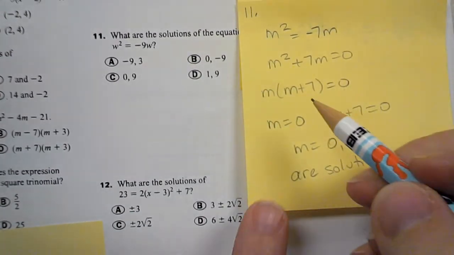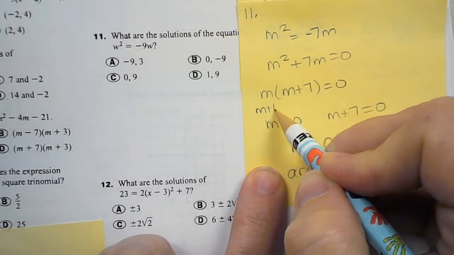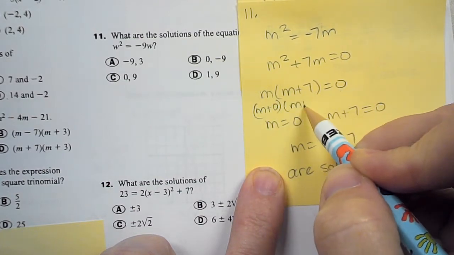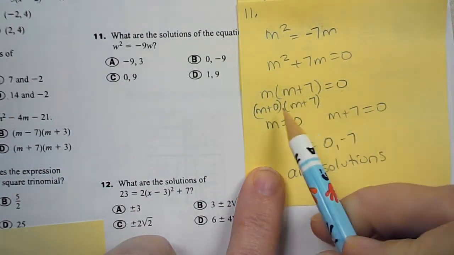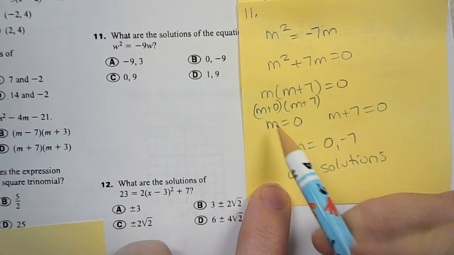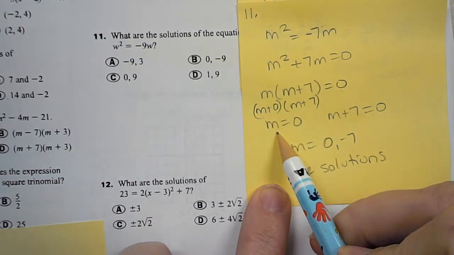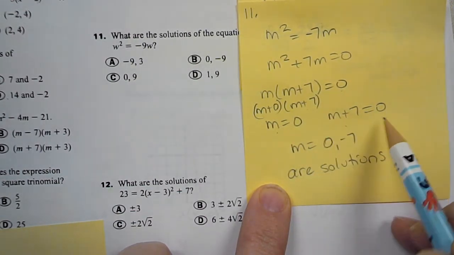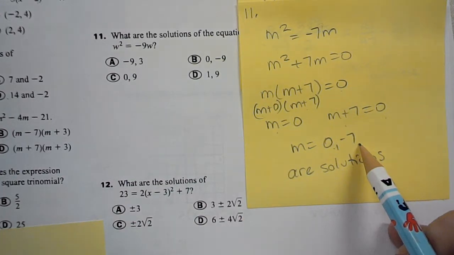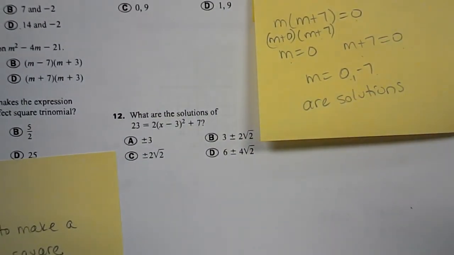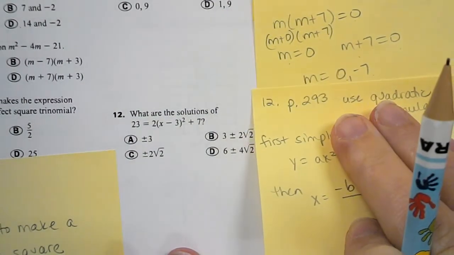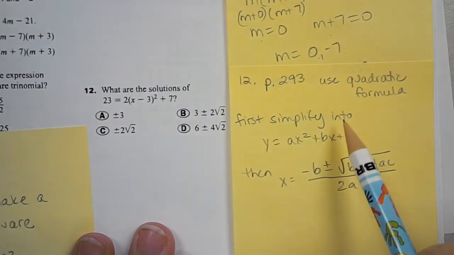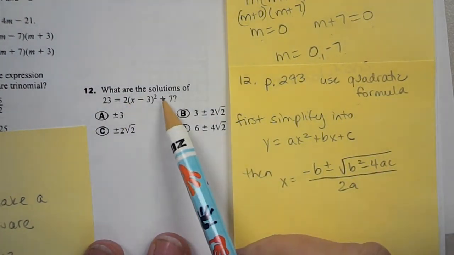It's the same as if you said m plus 0 and m plus 7, because there's nothing added to m. So you could set m equal to 0 and m plus 7 equal to 0, and those would be your two solutions.